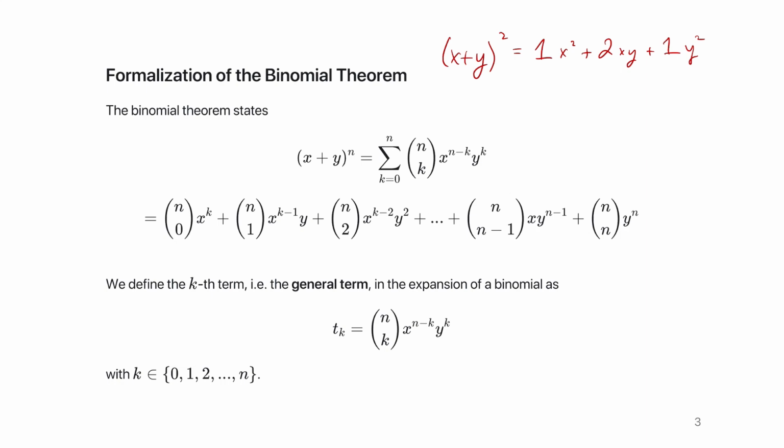And then we also had the idea of the general term, which gave us an expression for just a specific term in the series. So we'd say t sub k, and k goes from 0 through n, so there are n plus 1 terms, is n choose k, x to the n minus k, y to the k. Okay? And we started looking at some applications of the binomial theorem and different problems that you might be asked last class, and we'll continue doing that now.